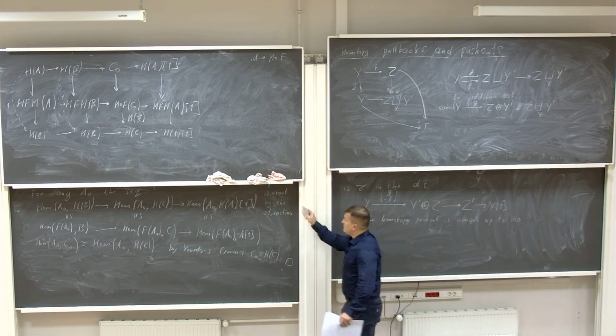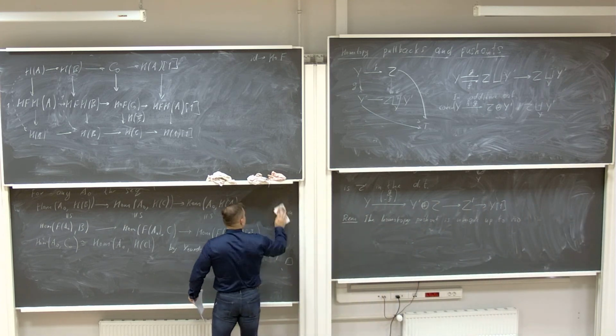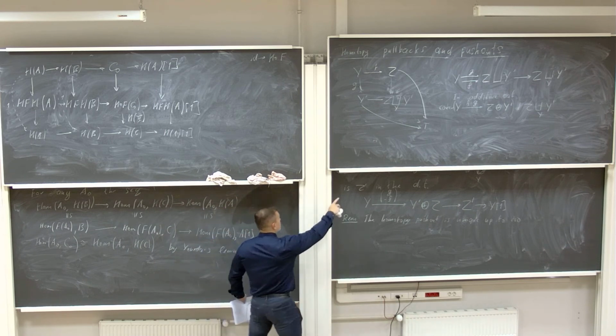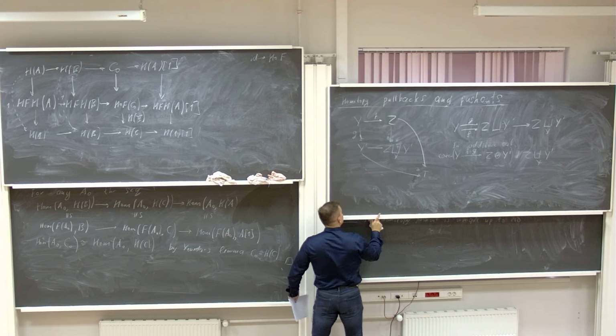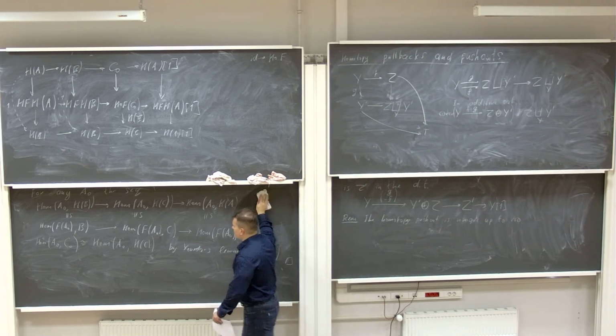Now I want to understand, do I have a map? So what about the map that we have on this diagram? Do we have this map with our definition with triangulated categories?